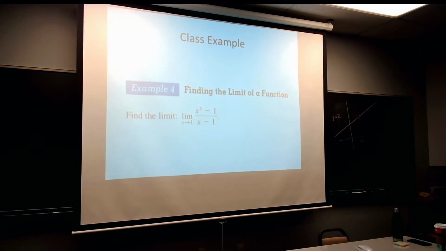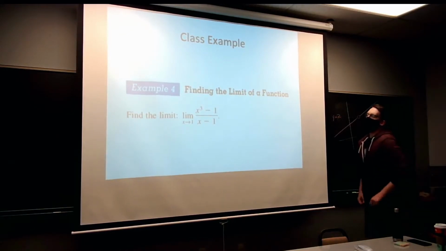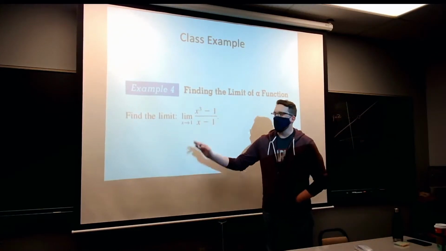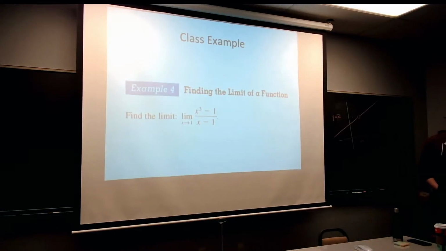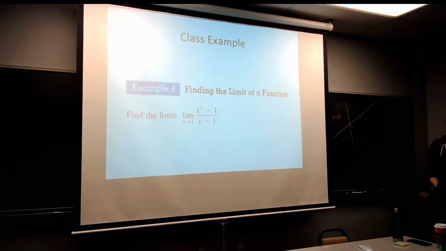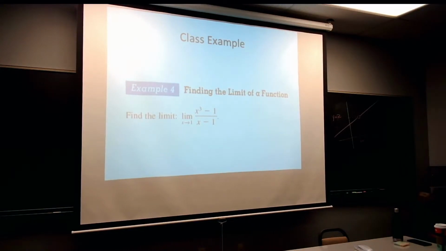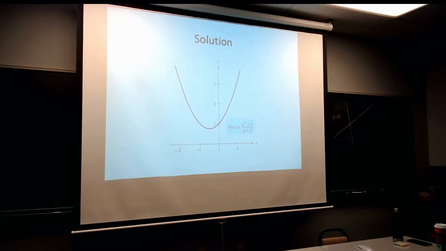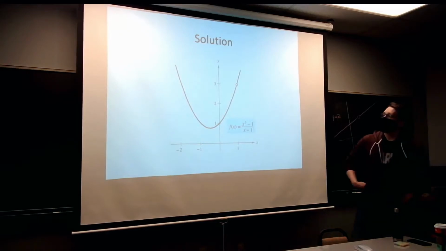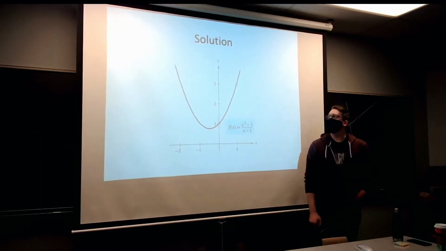Awesome. All right. So, like I was saying, there are going to be factoring techniques that you're going to want to review as you go through these limits. In this particular case, long division would be your best friend. And I say that because let's look at just the graph of it, right?